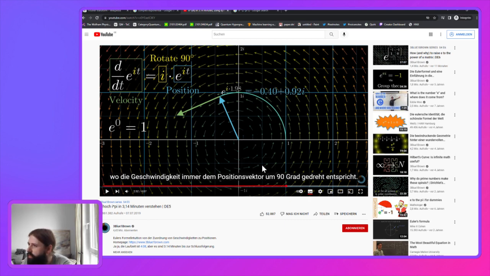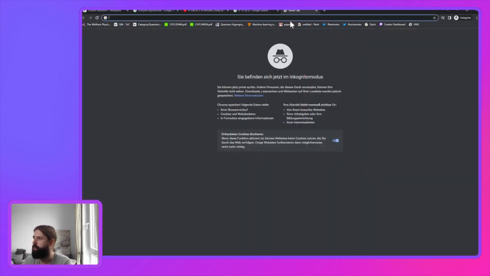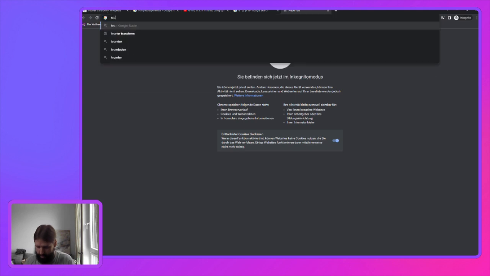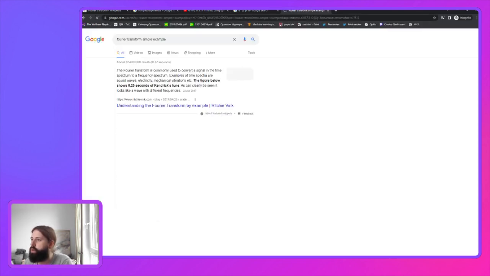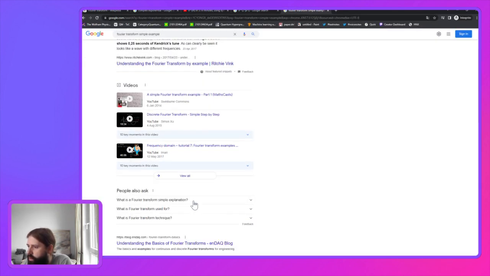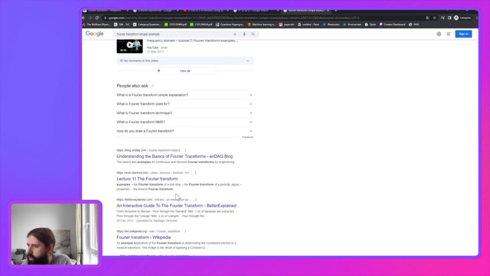I'm not so sure if this is the right way to talk about it, but how could we make an example? Just have a simple example. Fourier transform, simple example, not explanation.